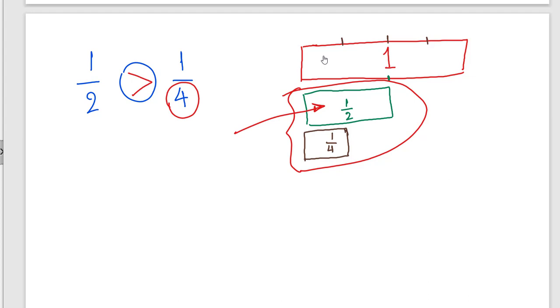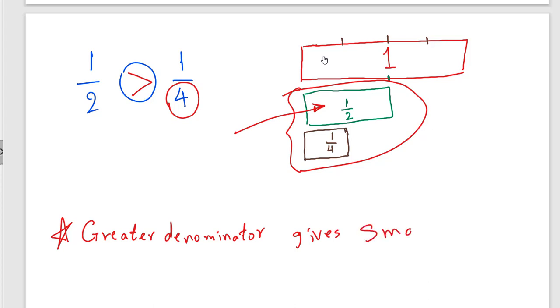I know, teacher. Can I answer? Yes, Amir? Because up is the same number. 1 is 1. So you will see down, the less it is, the bigger it will be. The bigger it is, the less it will be. Excellent. So the bigger denominator, or the greater denominator, gives smaller fraction.